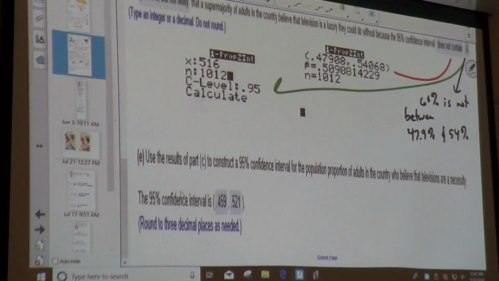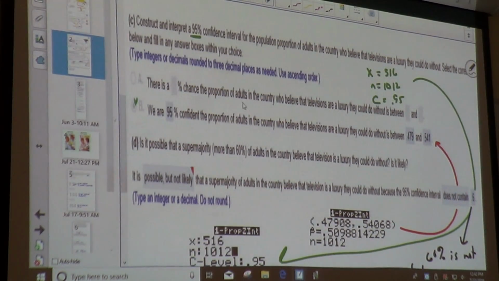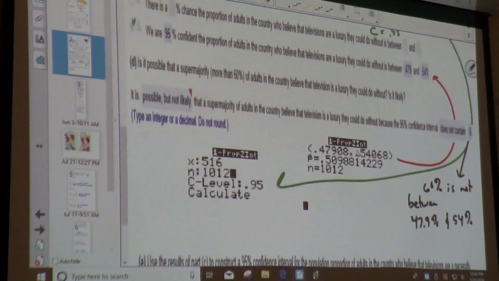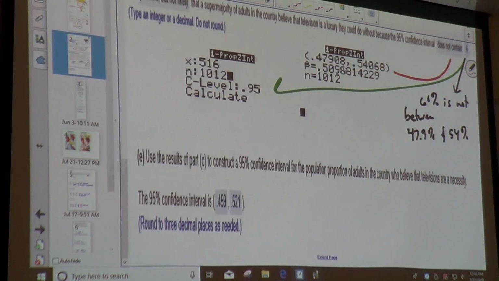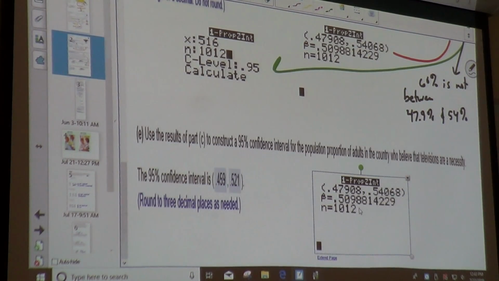All right, Part E. Use the results of Part C to construct a 95% confidence interval for the population proportion of adults in the country who believe televisions are a necessity. So what we did are the ones that said they could do without it. So we want to do the ones that say it's a necessity. So let me take this.